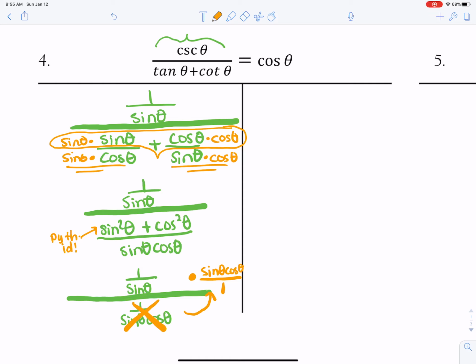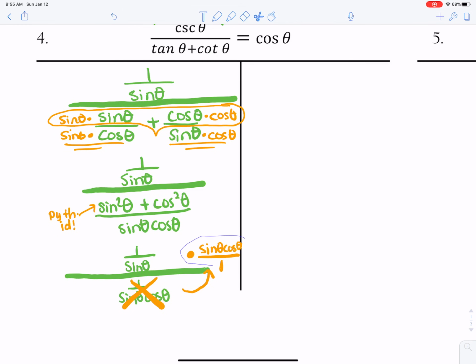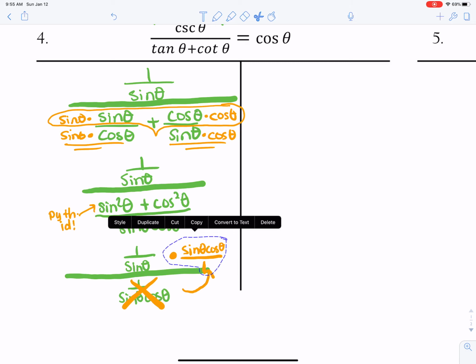Okay, so now let's see, what can we do now? Oh, we can cross simplify. And I'm going to slide this over just a tad. There we go.